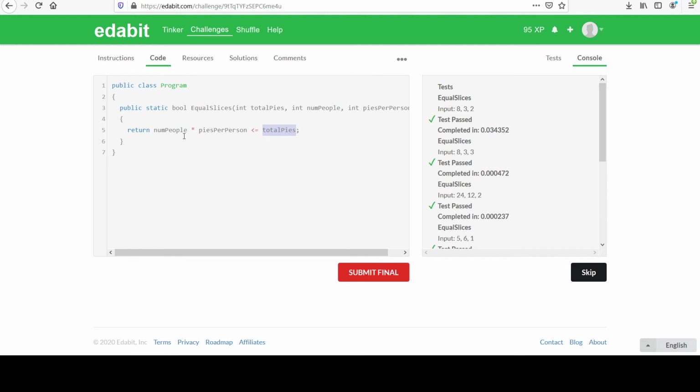Think about reading this another way, where you could say that you're taking number of people and instead multiplying that by pies per person is less than total pies, and that's sort of a Boolean result. You could think of it as a 0 or a 1. So how does it get things right?